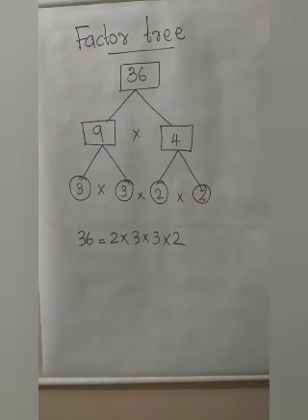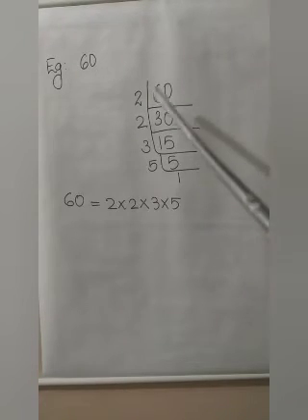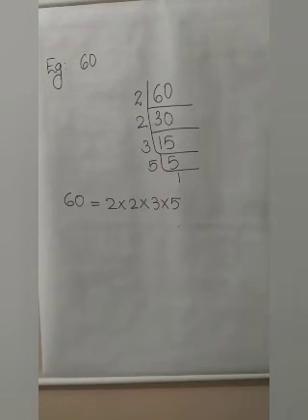Now, let's look at what the long division method is. Long division method means it's a type of division itself. See, factorizing 60, this is the long division method. How? The number is 60, isn't it? We have to prime factorize.